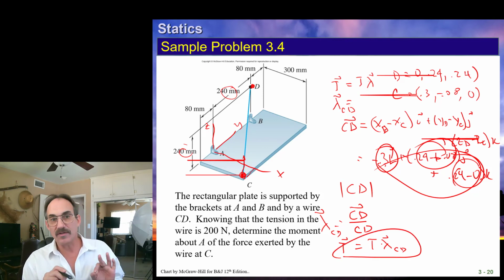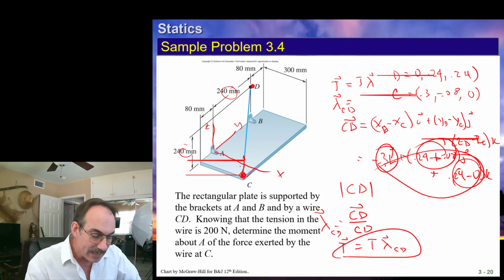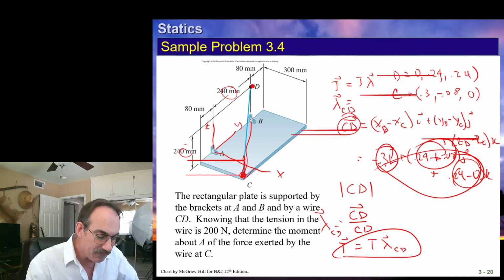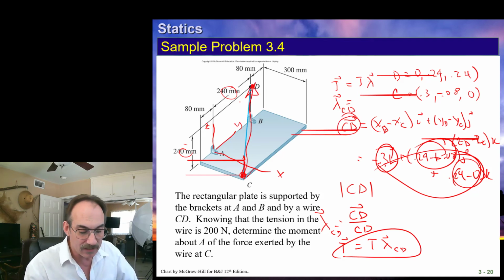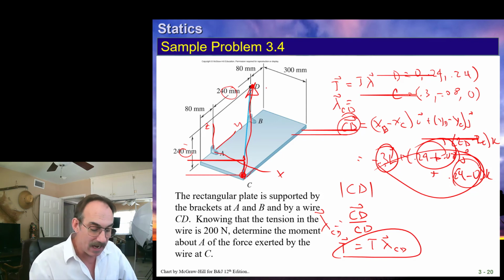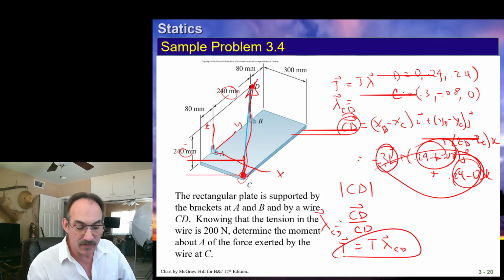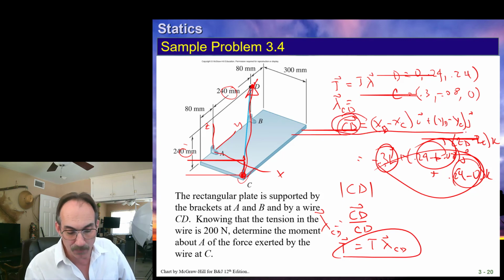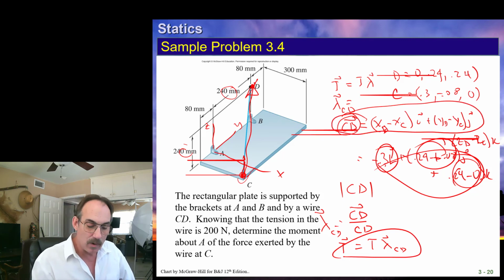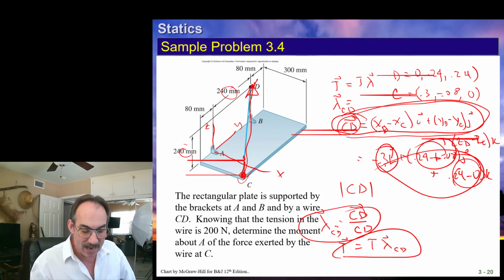So when we solve these kinds of problems, the first step is to find any convenient position vector going in the positive direction along the force, and we get the endpoints of that. We turn the endpoints into a position vector CD. We then divide the position vector by its own length, and that gives us the unit vector in the direction of the force.